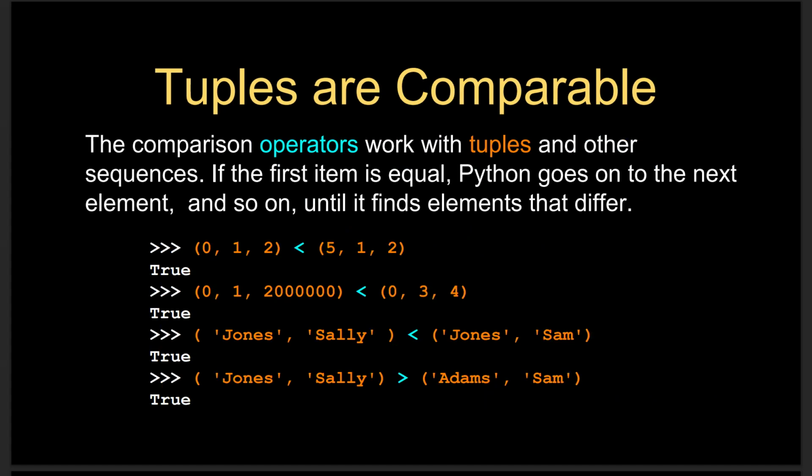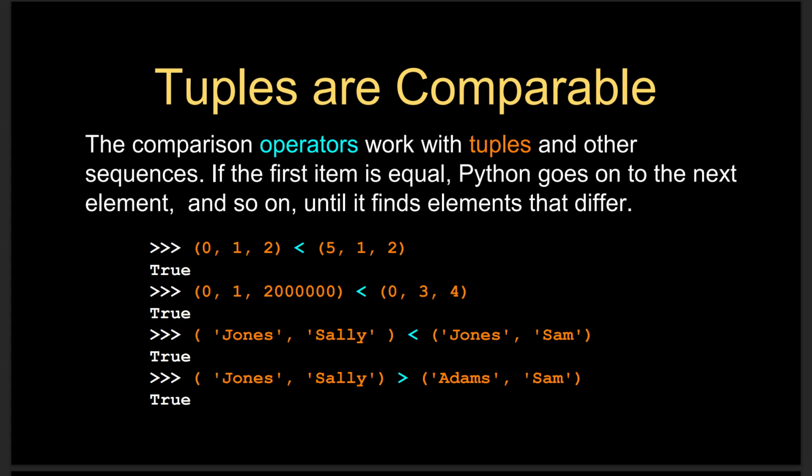Next one, tuples are comparable. It means you can compare them with the other operators also. The comparison operators work with tuples and other sequences. It means you can compare these tuple variables with others. If the first item is equal, Python goes on to the next element, and so on.